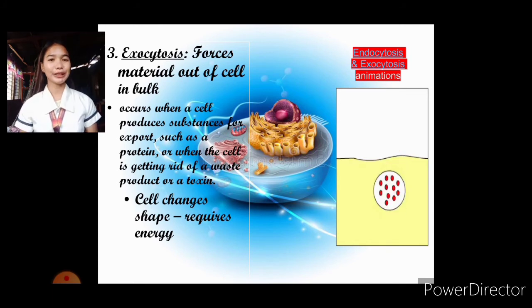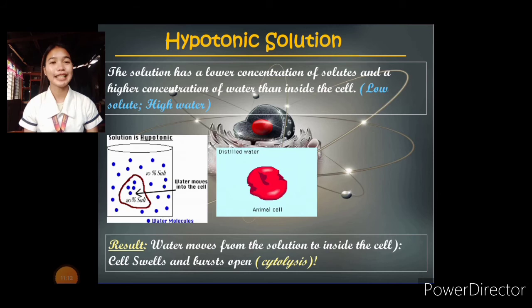Okay, very good. We have here the hypotonic solution. This type of solution has a lower concentration of solutes and a higher concentration of water than the inside of the cell. This solution has only a small amount of solute present, and the concentration of water is higher than the inside of the cell. In short, low solute, higher water.